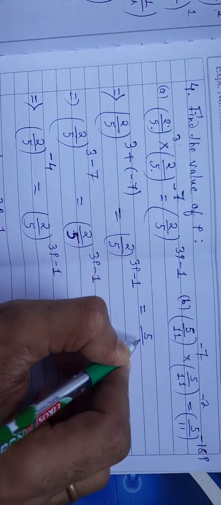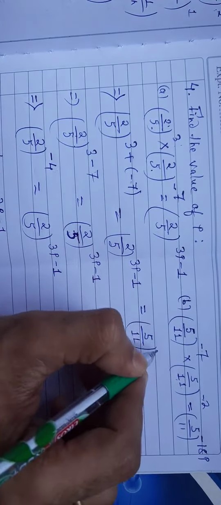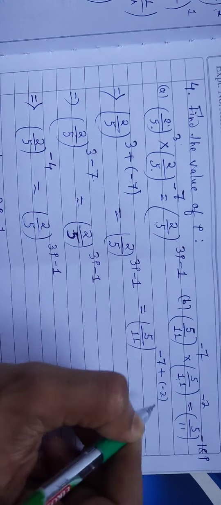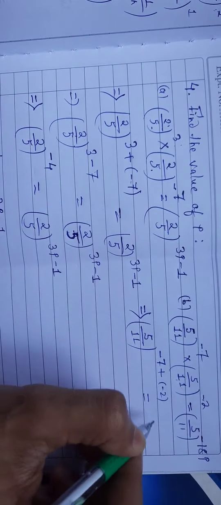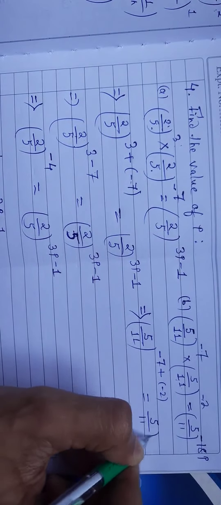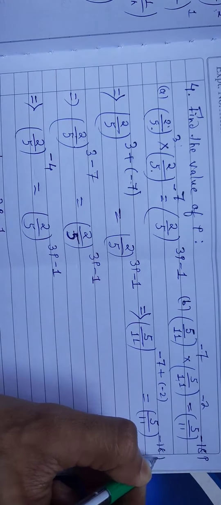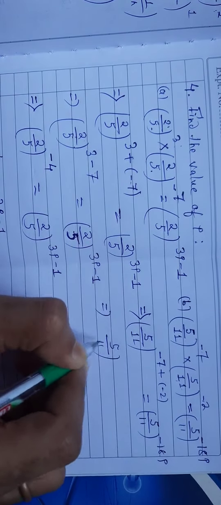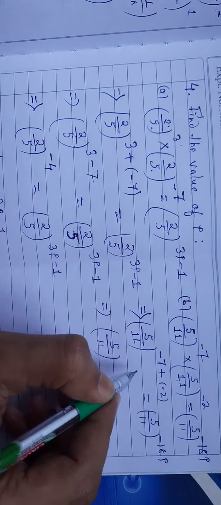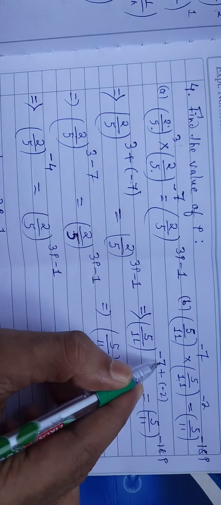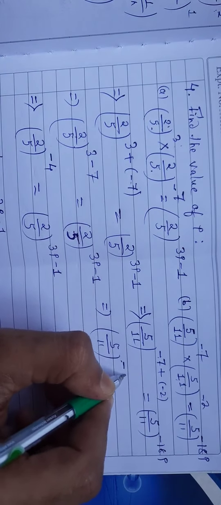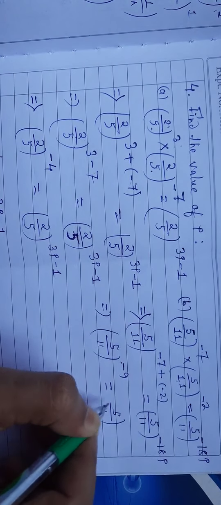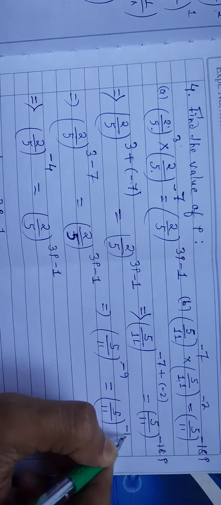So (5/11) to the power -7 plus -2 equals (5/11) to the power -18p, which implies (5/11) to the power -7 minus 2. So -7 minus 2 is -9, equals (5/11) to the power -18p.